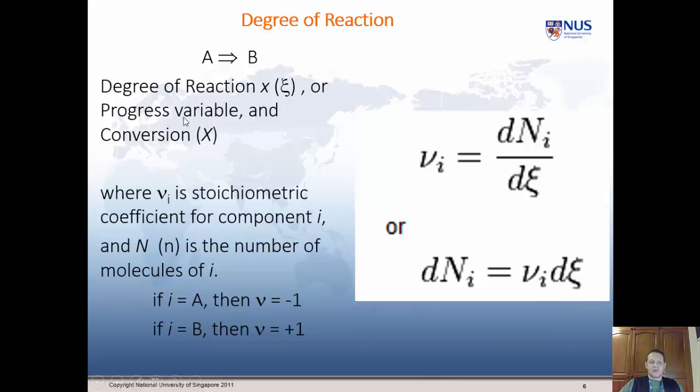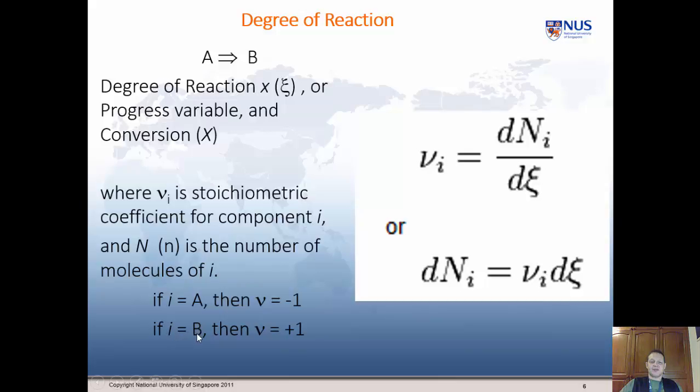Now, we need to define, and through this lecture we're going to define terms. The first one we're going to define is the stoichiometric coefficient. It is the number in front of each species in the equation, and it's symbolized by nu, where nu i is the stoichiometric coefficient and i is the species. So for instance, if i is A, then nu is equal to -1 because A is disappearing, it's being consumed.